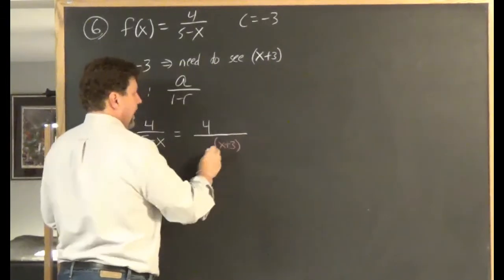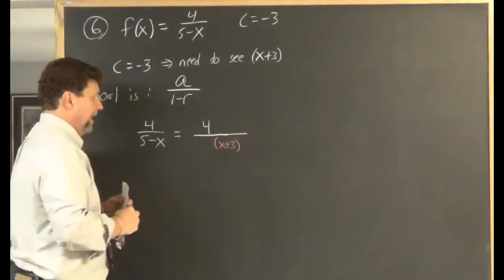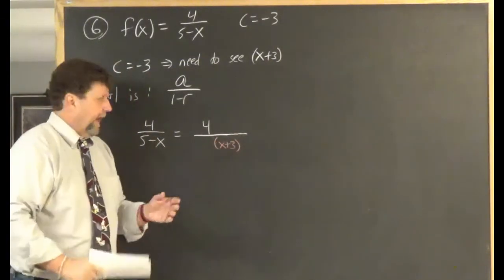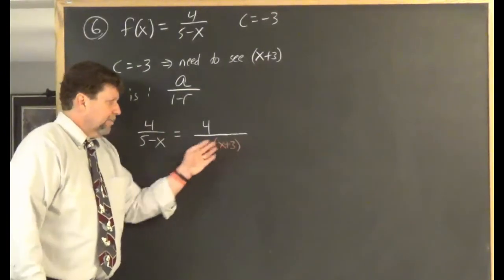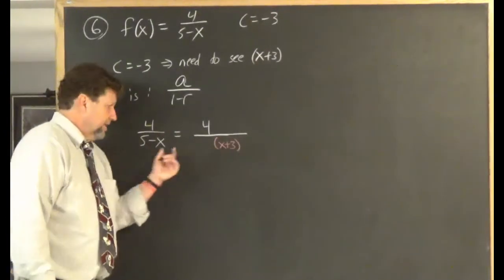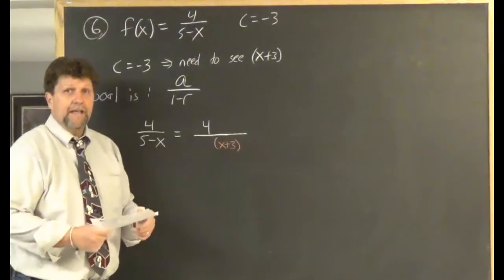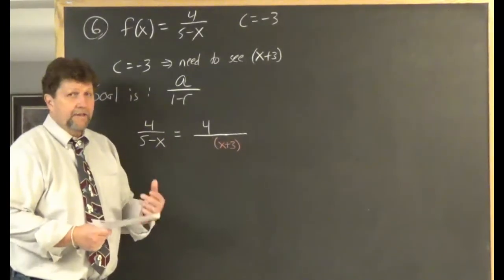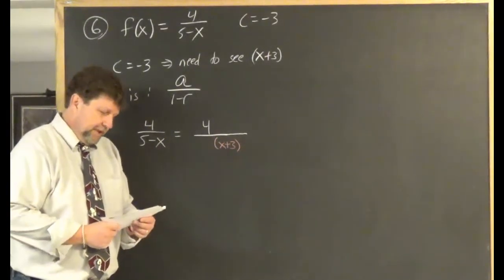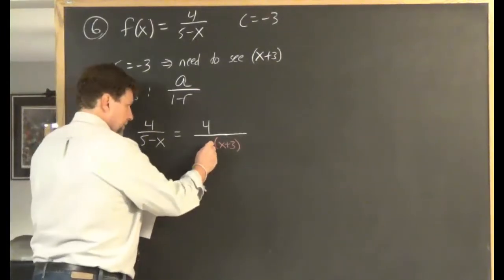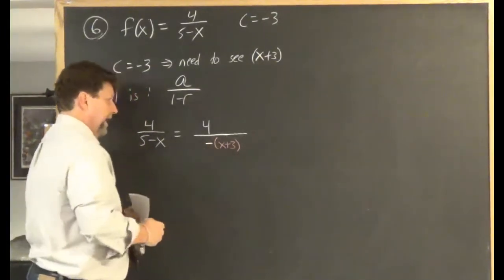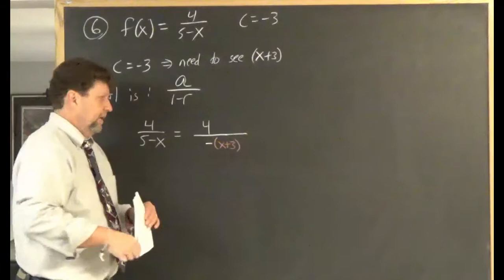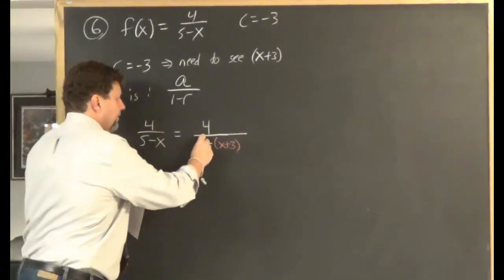Notice how I wrote that. You notice how I've given myself some space. Whatever I end up writing in the denominator, it still has to equal 5 minus x. Can't change that value. So first things first, there'd be a negative sign in front. Let me go ahead and put the 5 in.